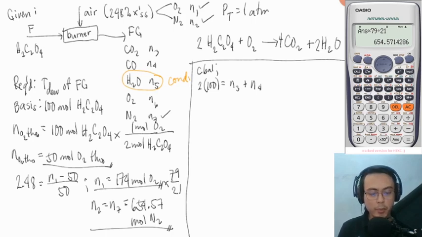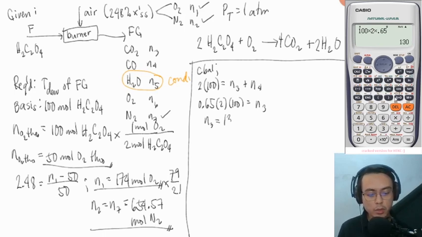Okay, 65% of the carbon, so that is 0.65 of 2 times 100 forms CO2, and the remaining 35% forms CO. We can already solve for N3 here. 100 times 2 times 0.65, 130 moles CO2. And then substitute this to your carbon balance.